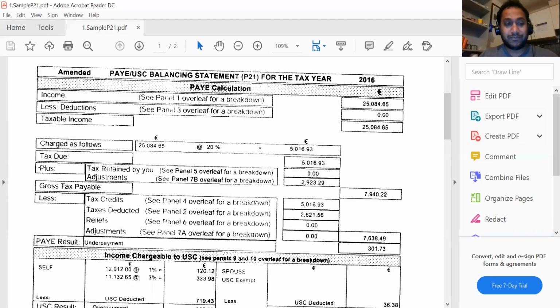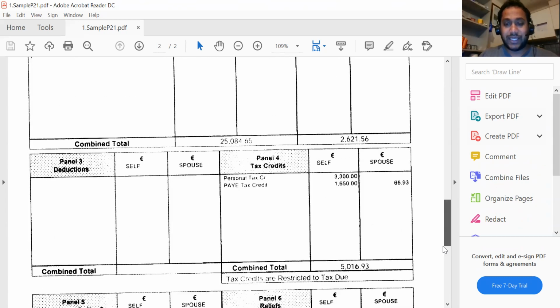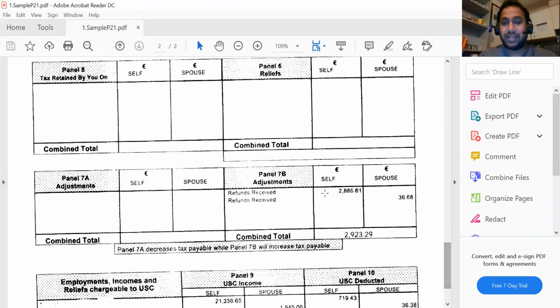Then you see it says plus adjustments, the few adjustments that need to be added to that particular tax value. You find that in 7B. Let's go to 7B and come back. In 7B, the adjustments are nothing but the refunds received. The main partner has received refunds of 2008 86.61, whereas the spouse received 36.668.